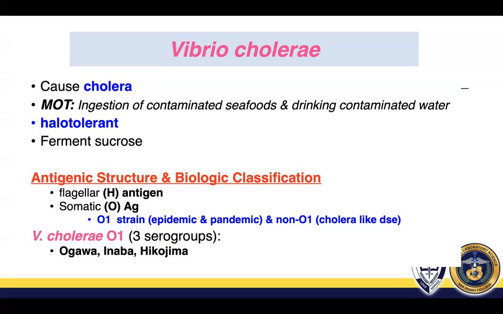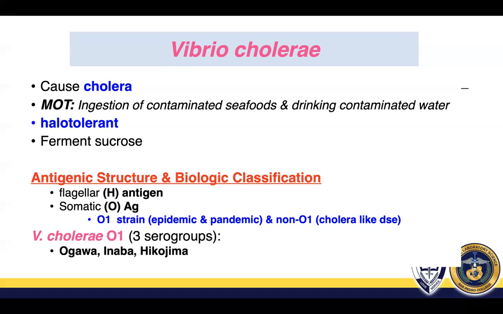There may be different O antigens, but they all share the same H antigen. The O1 strain is the most common cause of epidemics and pandemics of cholera, while the non-O1, the rest of the 129 serogroups, are only able to produce cholera-like diseases.